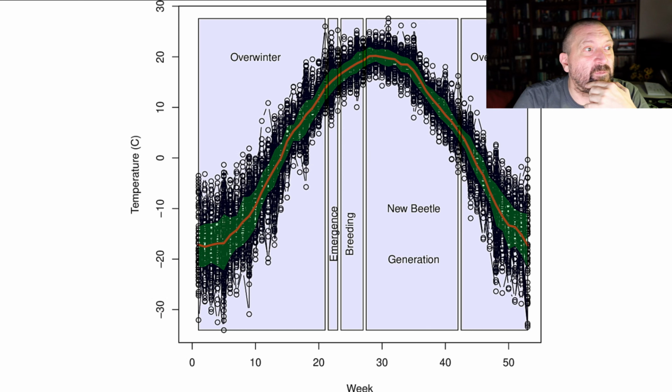And what's important for us is that the process itself is governed by this temperature a bit, because the beetles do certain activities, breeding, emerging from the trees and so on, when certain temperature conditions are satisfied.